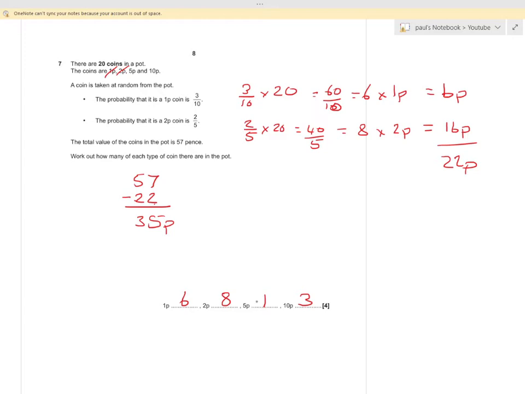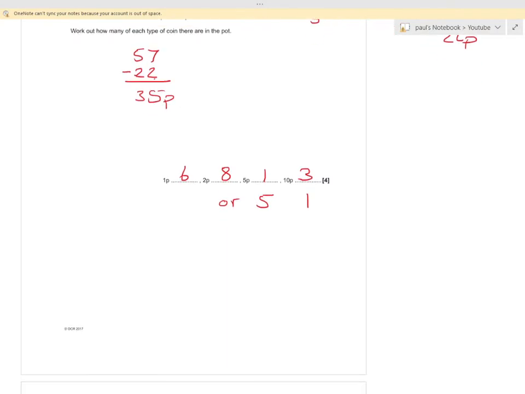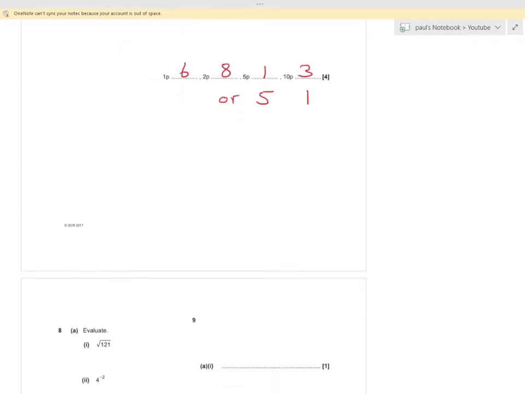I could have had one 10p and 5 5p's, or another combination. Doesn't matter, as long as you get the total value adding up, it's fine.